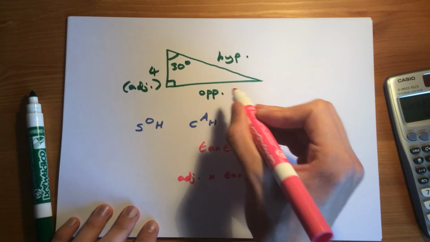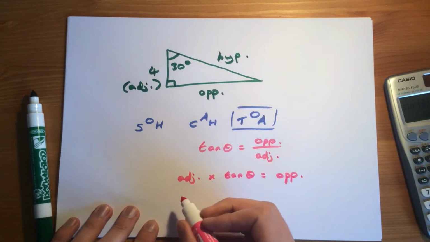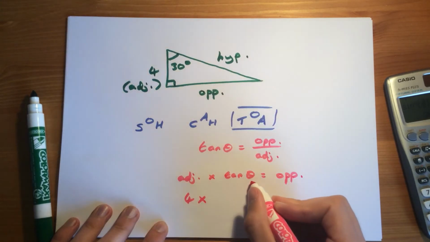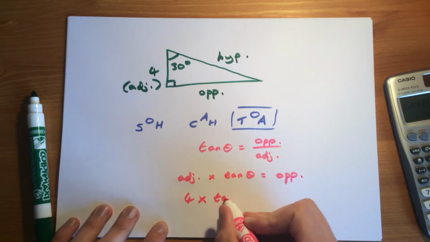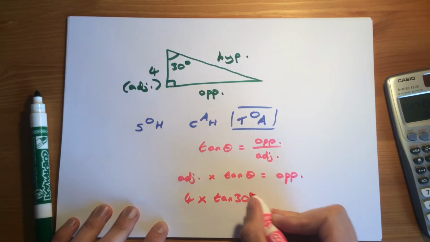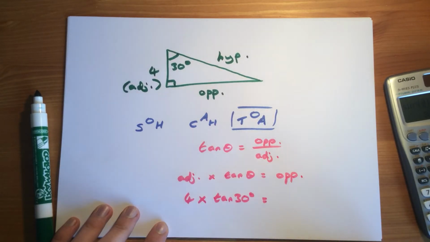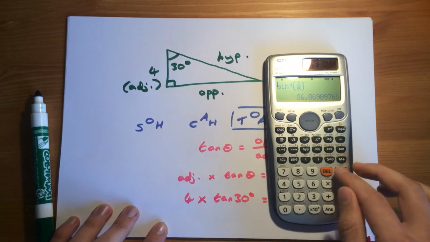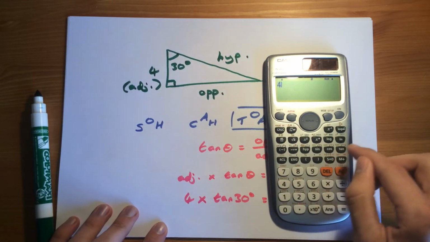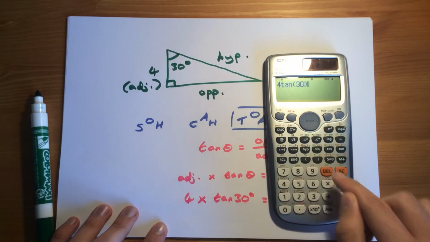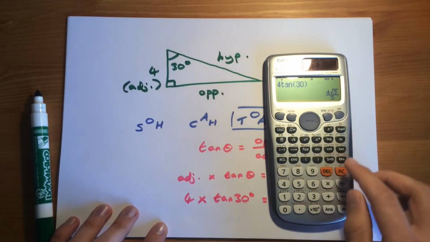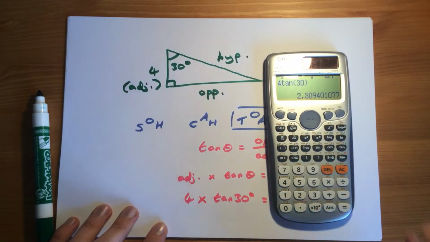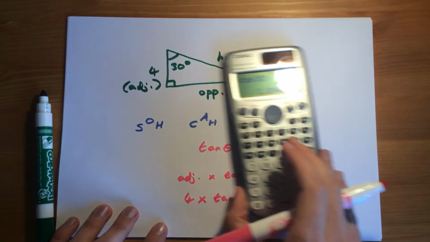Now we can substitute in the values that we know. The adjacent is 4 multiplied by tan of 30 degrees, which is equal to the opposite. So again, break out the old calculator. 4 tan 30 is equal to 4 root 3 over 3, which as a decimal is about 2.3.